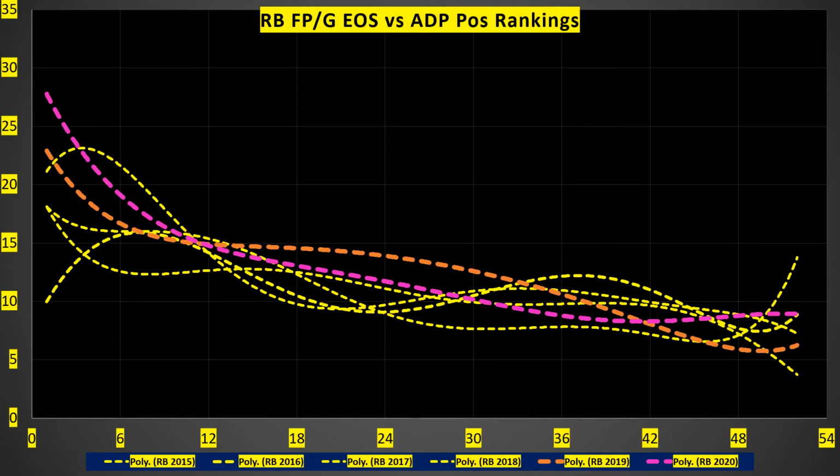This is fantasy points, just looking at trend lines. And I colored in yellow the trend lines from 15, 16, 17, and 18. And I looked at 19 and 20. And if you look at the top 6, 2020 and 19 were really good years.